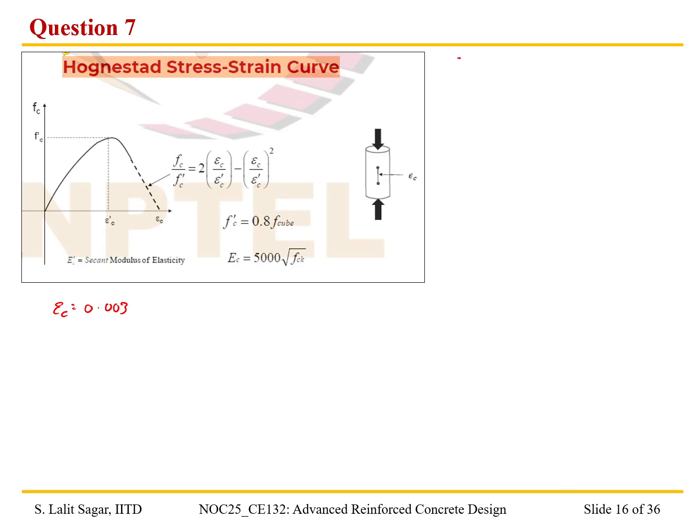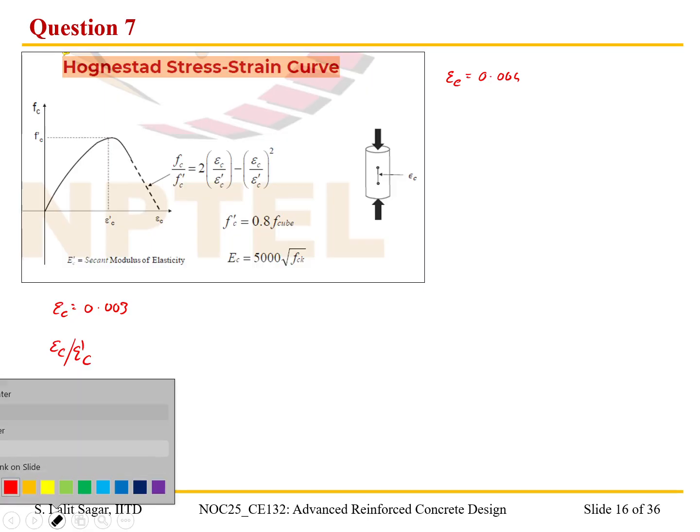And here let us do the calculation for epsilon c is equal to 0.004. Let us simplify the value of epsilon c by epsilon prime c. Okay, I think I need to erase this part. So what do we get here?